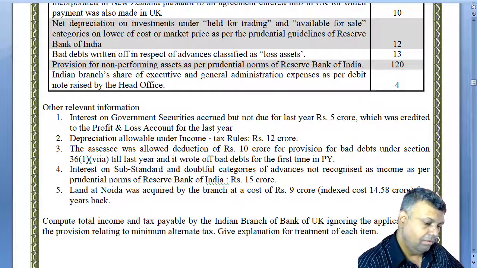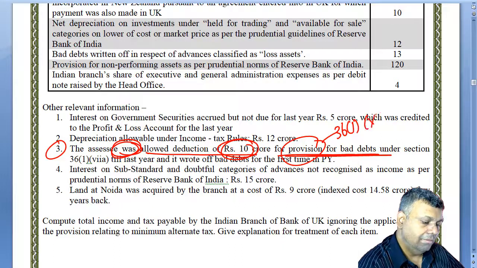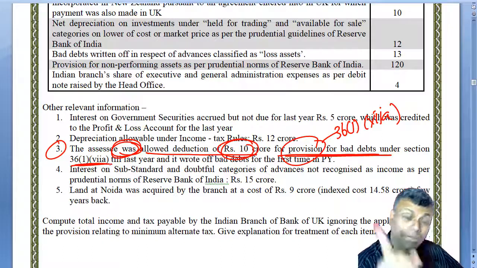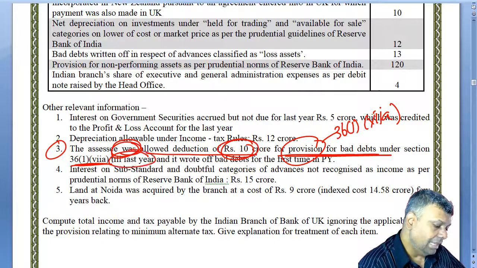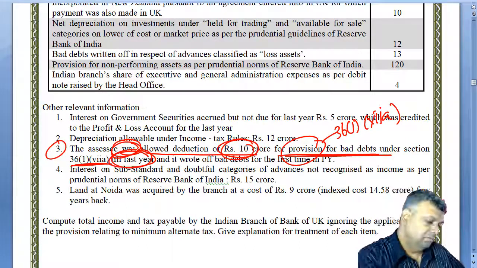Okay. Come to this point number 3. Assessee was allowed a deduction of 10 crores for the provision for bad and doubtful debts. Provisions means 36.1.7a. Under 36.1.7a, already printed also, till the last year you were given a deduction of 10.